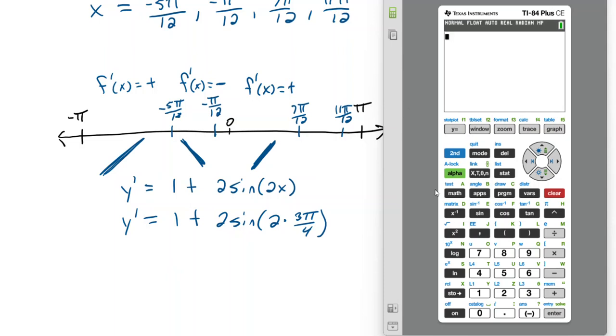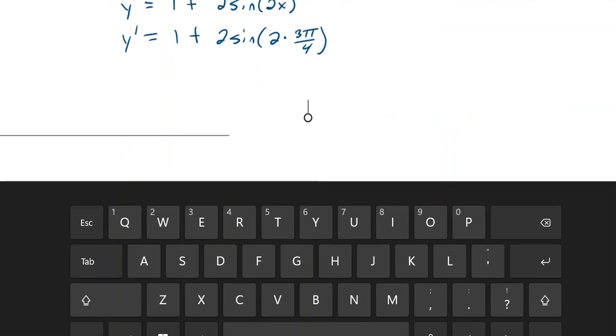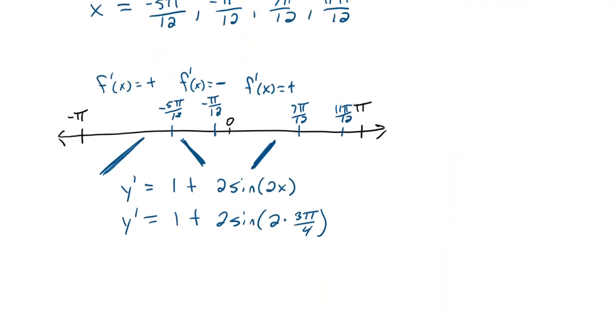But if you want to, you can always plug it in too: 1 plus 2 sine of 2 times 3 pi divided by 4. And in fact we get negative 1, so we get a negative out of that. Negative means that we're decreasing there, so f prime of x is negative in that region.